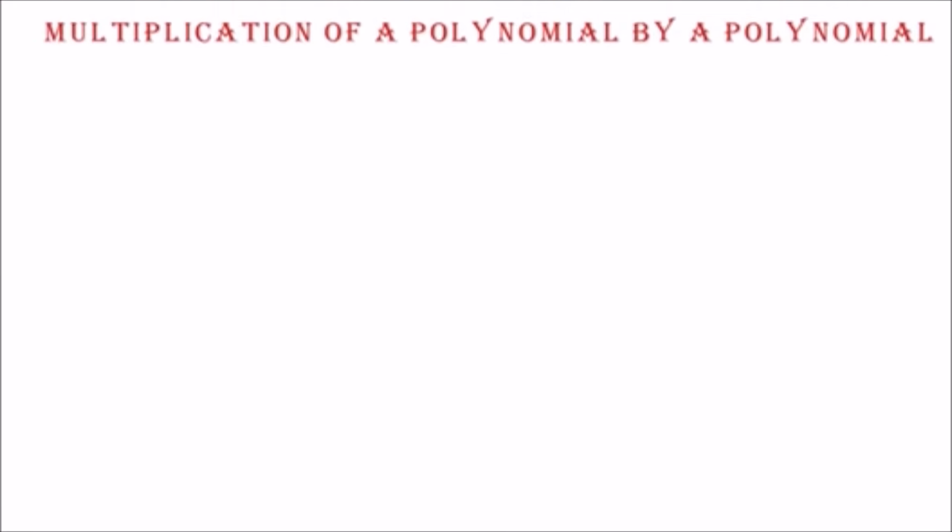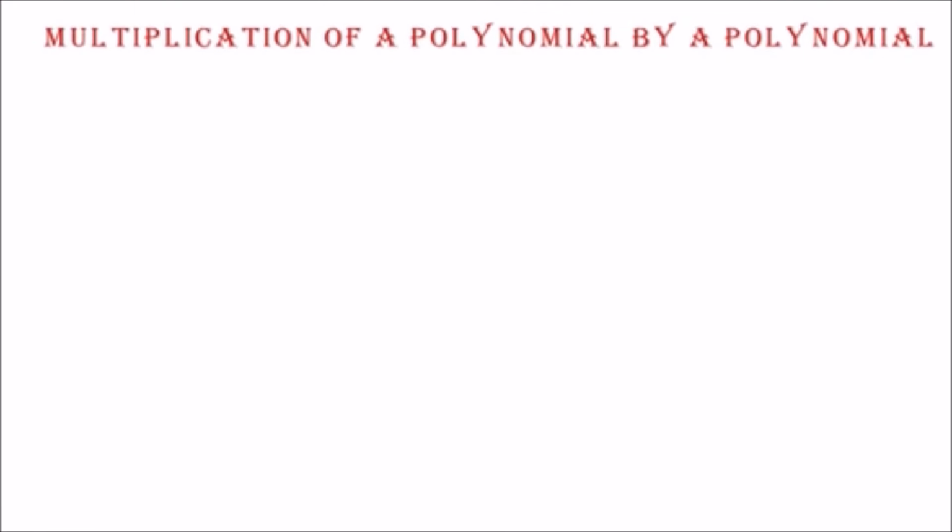Multiplication of a polynomial by a polynomial. Now, to multiply a polynomial by another polynomial. Example, multiply the polynomial c plus 3a by the polynomial 2a plus b.